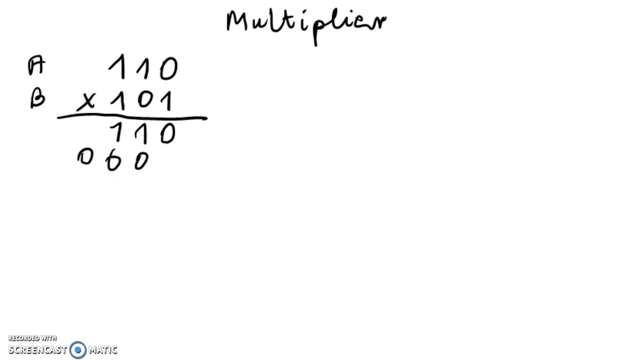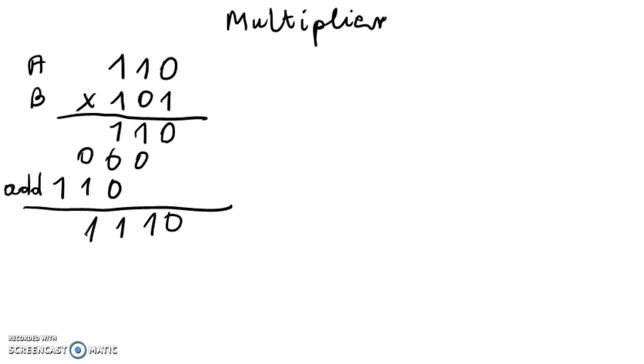That is a very important operation, to shift the number in the results in the consecutive rows. And then I must add together all the rows. 0, 1, 1, 1, 1 is the result.